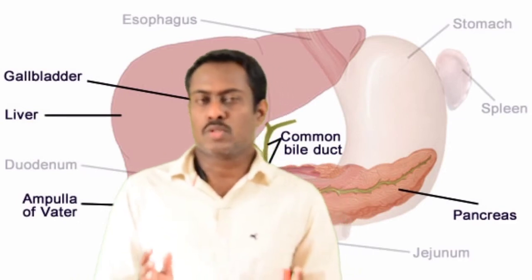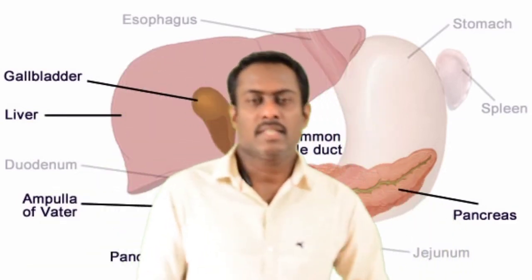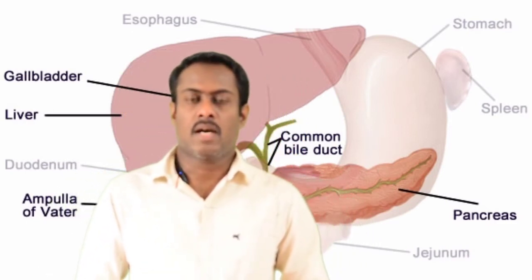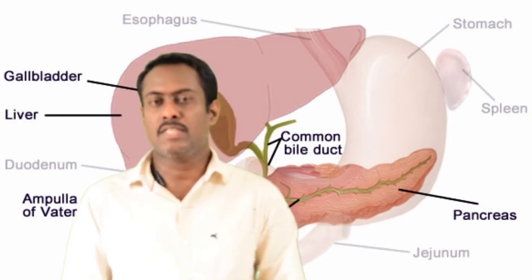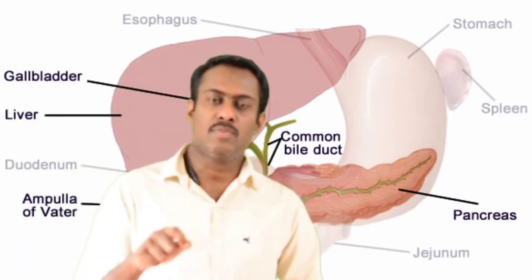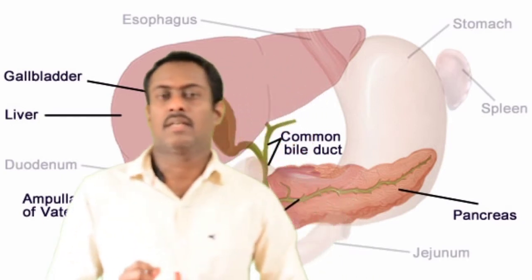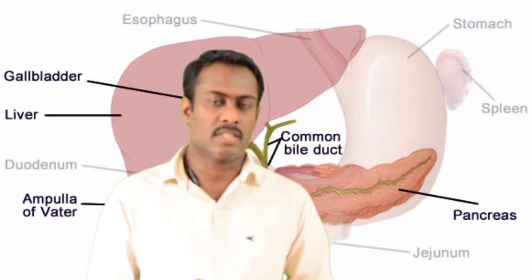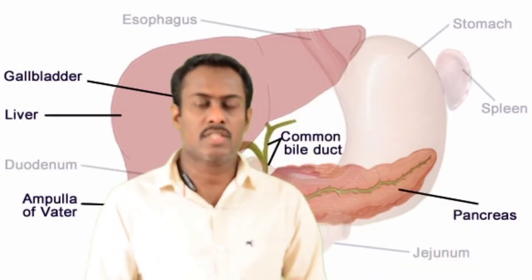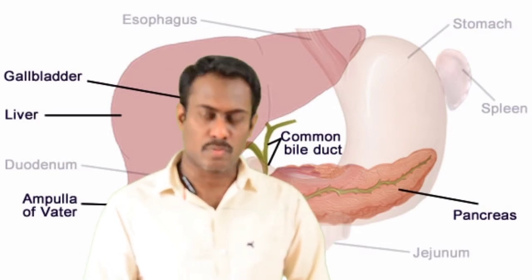And the bile juice also acts on fats. The fats are present in the small intestine as large globules, and these have to be changed into smaller globules, and the enzymes produced by the pancreas carry out this function. The pancreatic enzymes like trypsin break down these fat globules into smaller globules of fat.